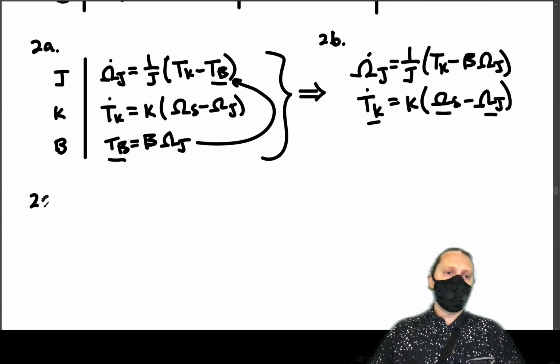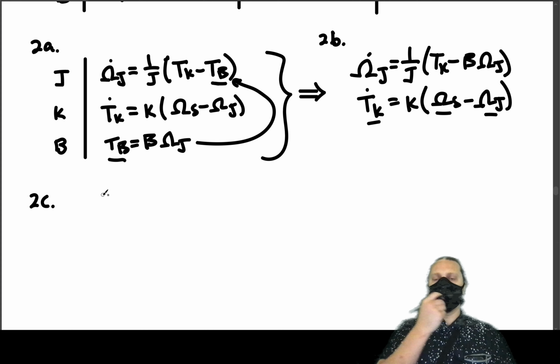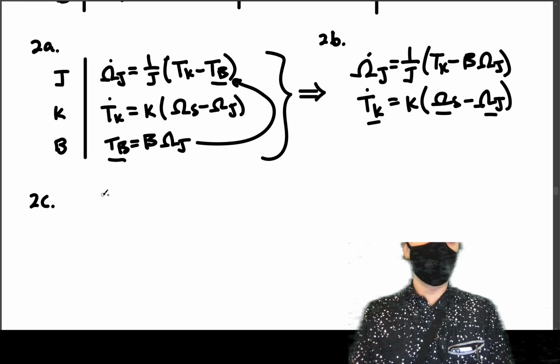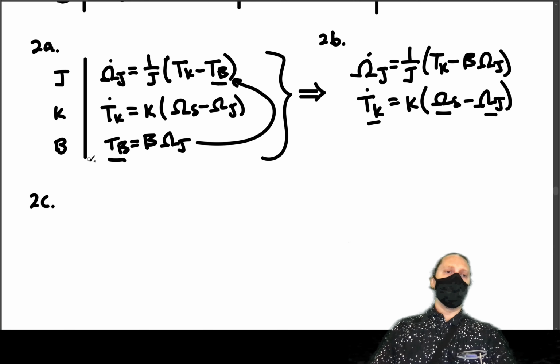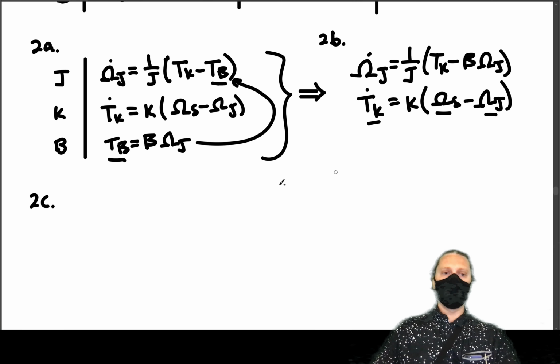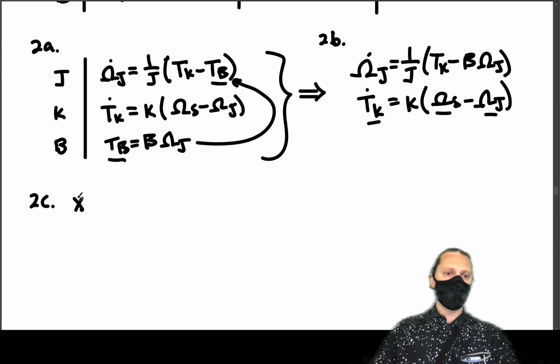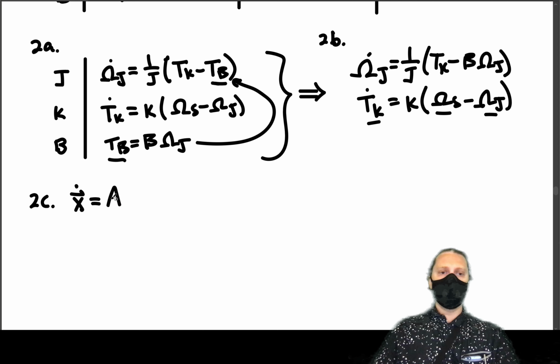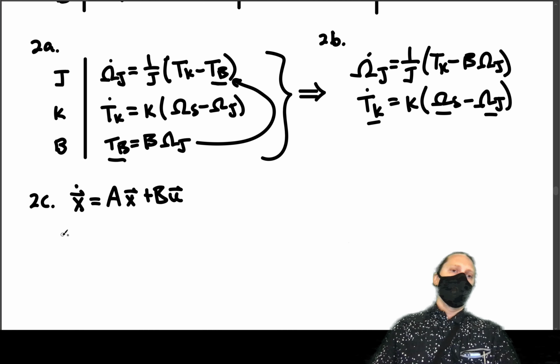And so we're ready for 2c, which is to write the state equation in standard form, and then also the output equation we'll write in standard form. First off, we want to write the state equation in standard form. Standard form is x dot equals the A matrix times the state vector x plus B times the input vector u.